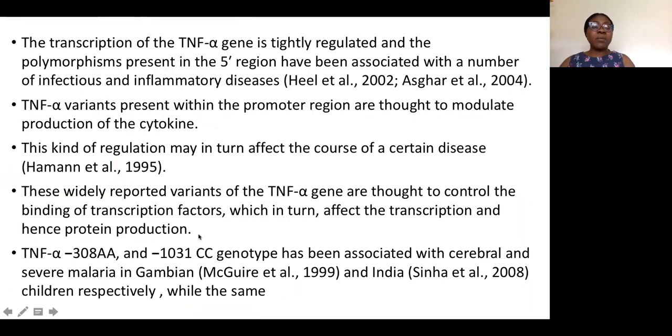Now, this expression level of TNF-alpha is really tightly regulated. It is regulated by transcription. Transcription here talks about the process whereby a messenger RNA or a DNA is, let me use a word that will be generally understood, modified to produce a protein, right?